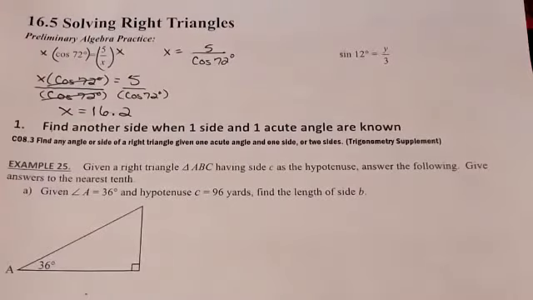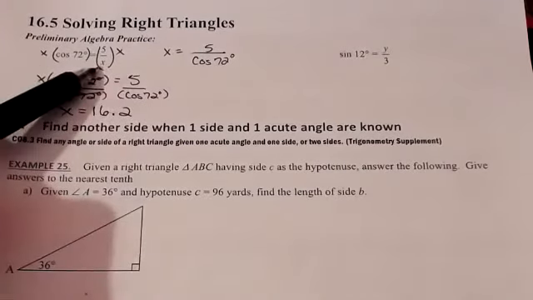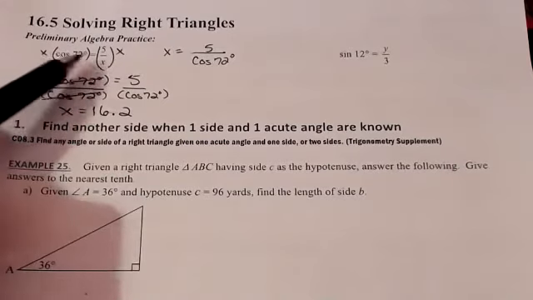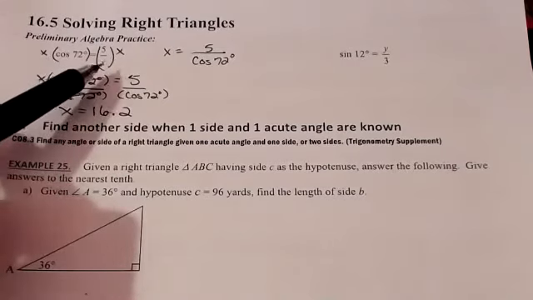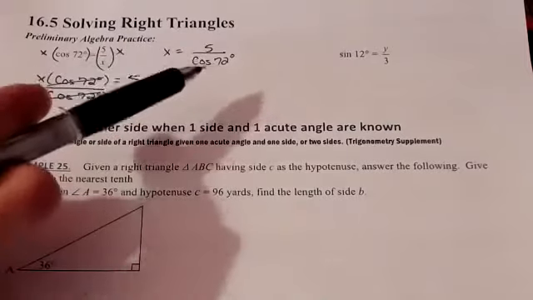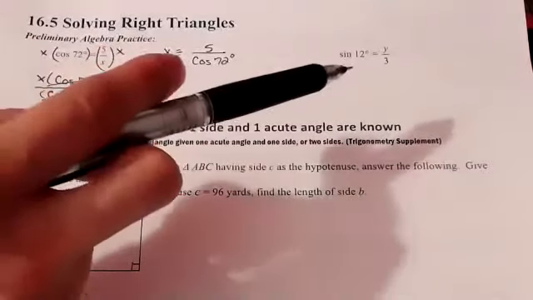We multiplied by x, then we divided by cosine of 72. So this is just a tiny little shortcut that I liked when I was first learning this. And you only need that when you have your unknown in your denominator. That's the only time you ever need this. You could say, oh, let's just switch these two. If we switch these two, then I can solve, right? Like for instance, look at our second one.